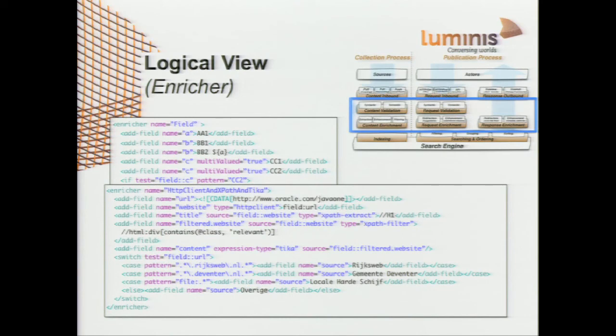For example, we can add a property called URL. We can use an HTTP enricher to grab the contents behind the URL, put it inside the website property, and then use an XPath expression, for example, to get the H1 element to create a new property called title. We can filter the website by taking out all the things that are either relevant or not relevant, making a new property called filtered website.